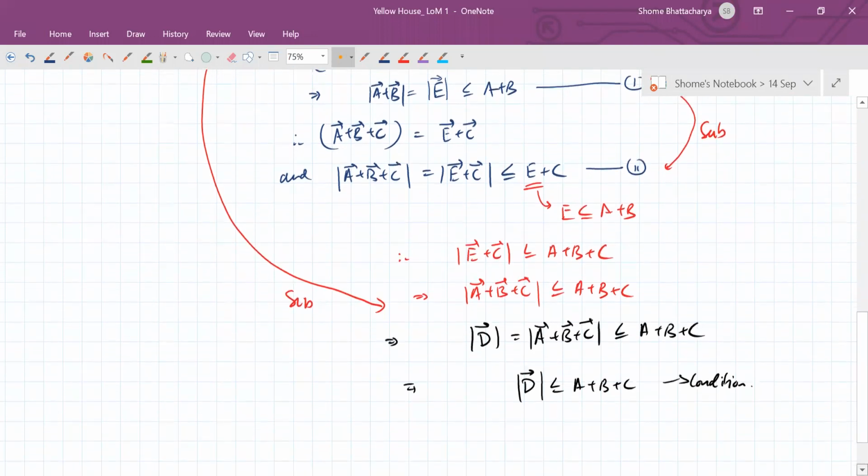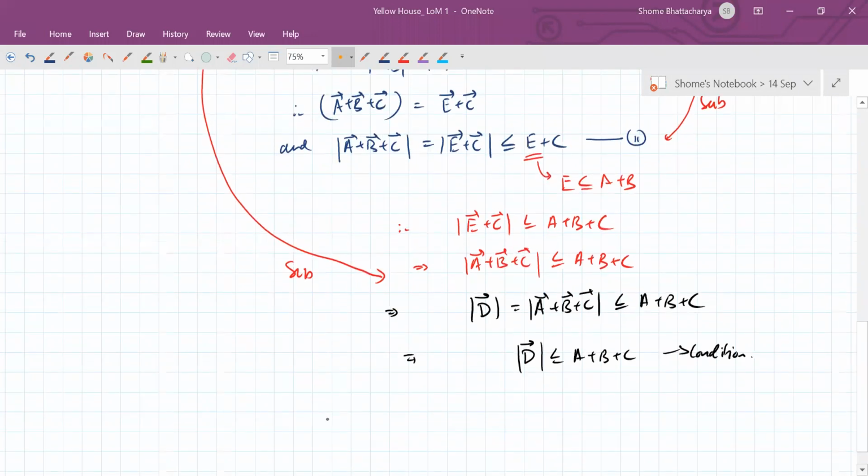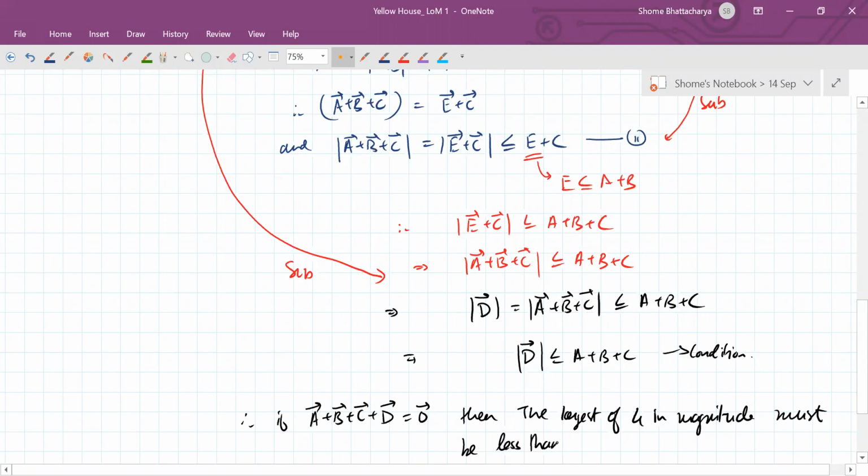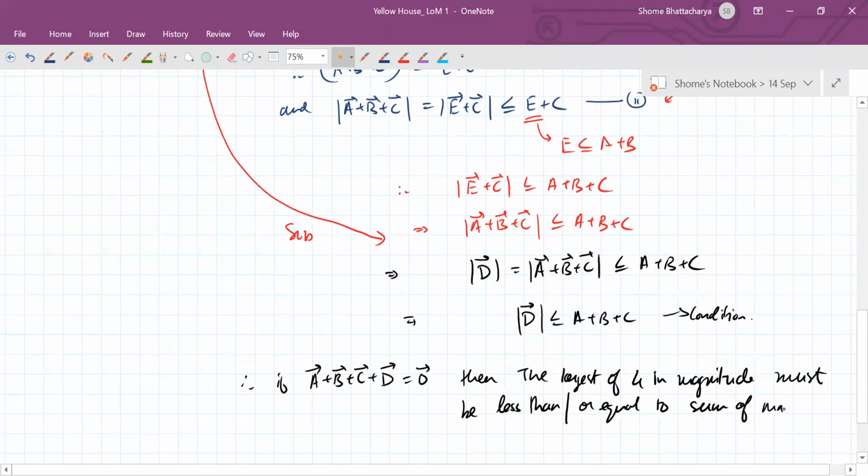So in conclusion, if a plus b plus c plus d is equal to 0, then the largest of the four in magnitude must be less than or equal to the sum of the magnitudes of the other three.